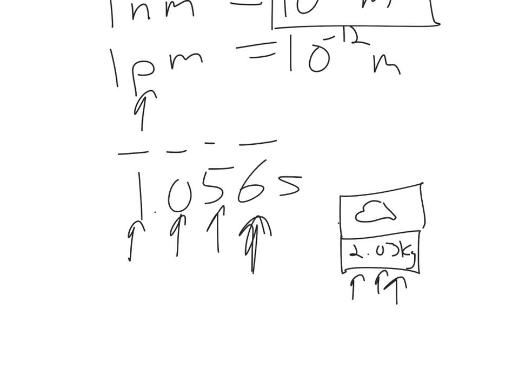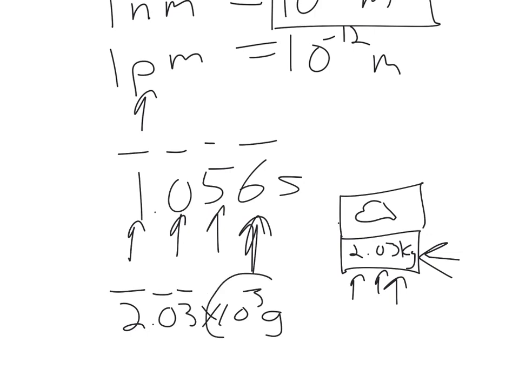So when you record things, that's how you're going to do it. And if we want to make a connection here, that would be 2.03 kilograms or 2.03 times 10 to the 3rd grams, right? Because a kilo is 1,000 of something. But it's still a 3 sig fig number, because we don't count the powers of 10.